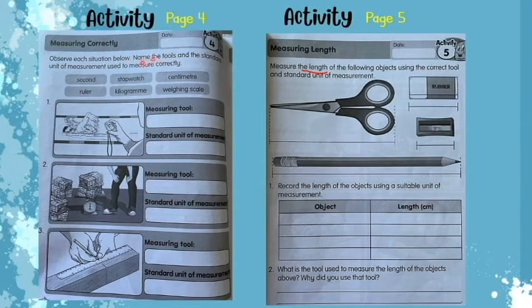Name the tools and the standard unit of measurement used to measure correctly. Look at picture number 1. A man is holding a tool to measure time. What is the name of the tool and the standard unit used by the tool?